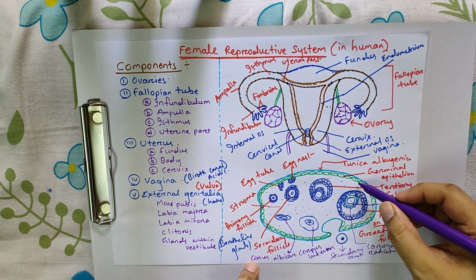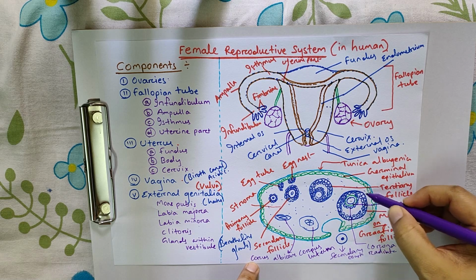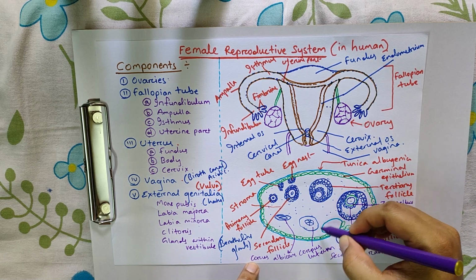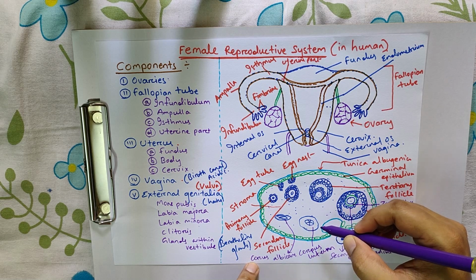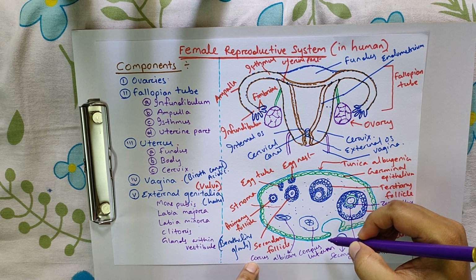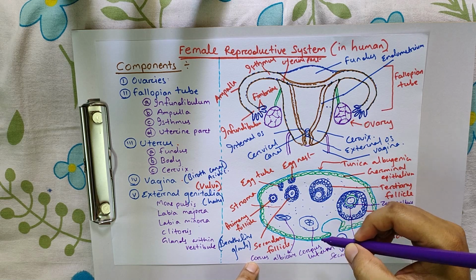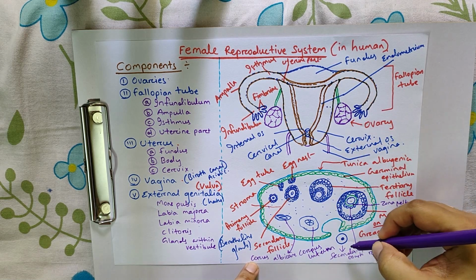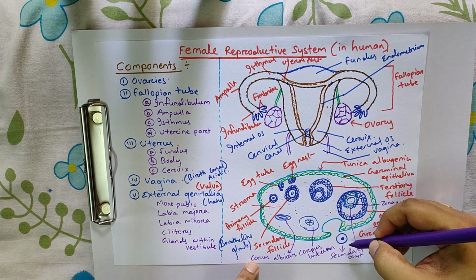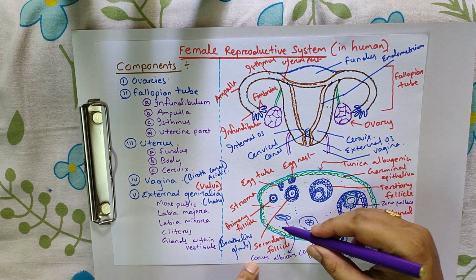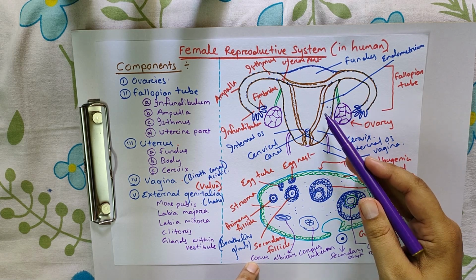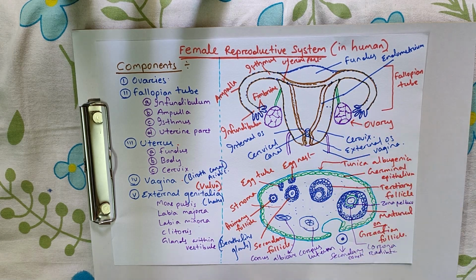That means FSH induces the Graafian follicle to produce estrogen, and LH induces the corpus luteum to produce estrogen and progesterone, and that progesterone helps in the maintenance of the endometrium. If fertilization does not take place, the corpus luteum degenerates. That's why the maintenance cannot take place, so the endometrium breaks down and is removed.